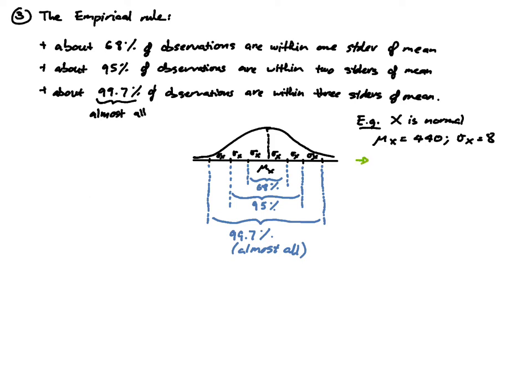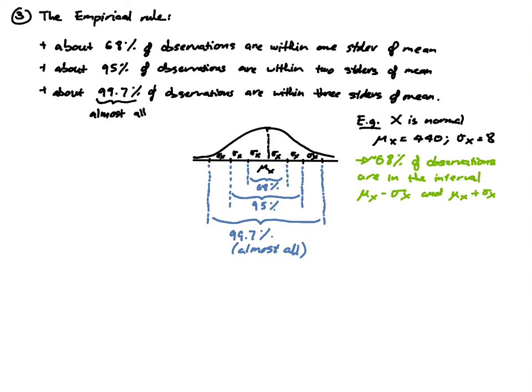Then we know that about 68% of the observations are in the interval mu x minus sigma x and mu x plus sigma x, right?